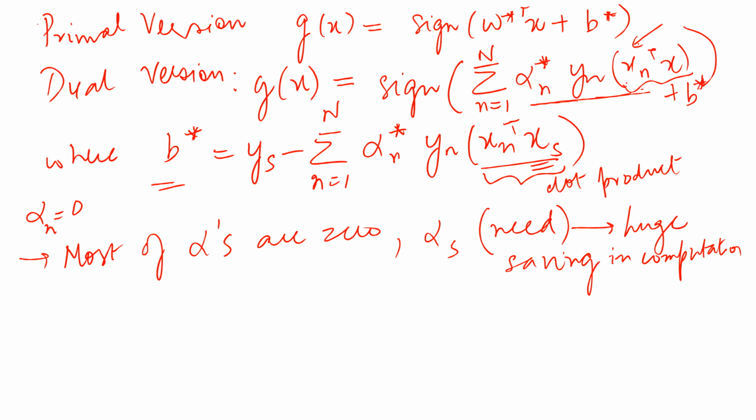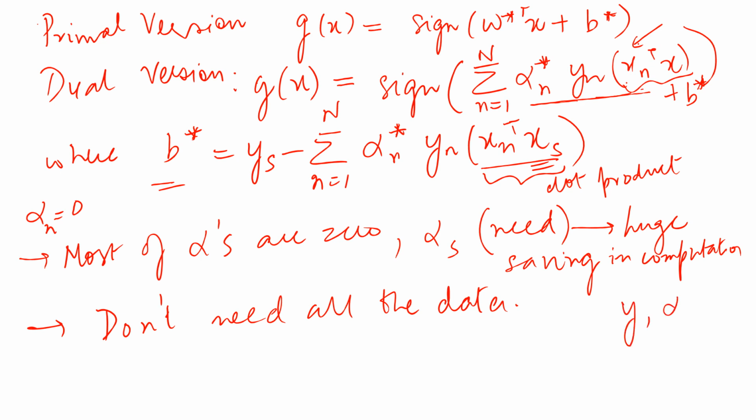Now for the final problem, this observation in a certain way tells us that maybe we don't need all the data, right? Just stepping back, when we solve the dual problem, we have the target values y, and the optimization variable was alpha.